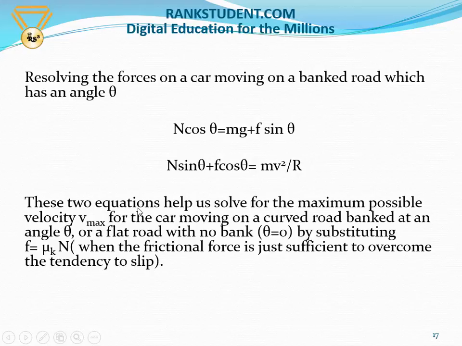These two equations help us solve for the maximum possible velocity Vmax for a car moving on a curved road banked at an angle theta, or a flat road with no bank where theta is equal to 0, by substituting F equals mu sub k N when the frictional force is just sufficient to overcome the tendency to slip.